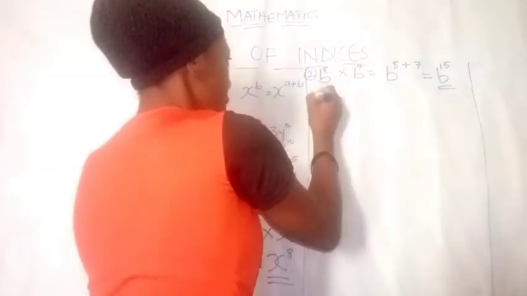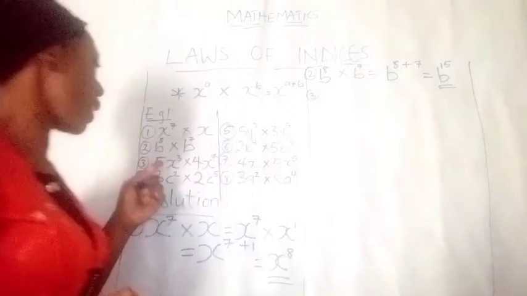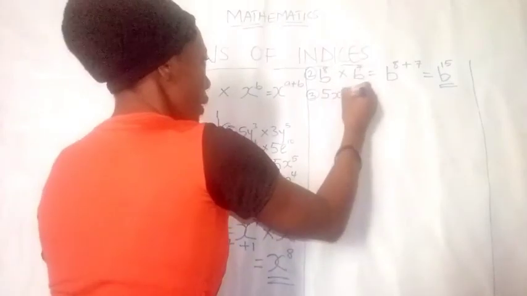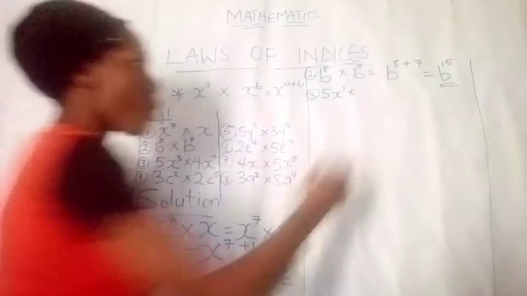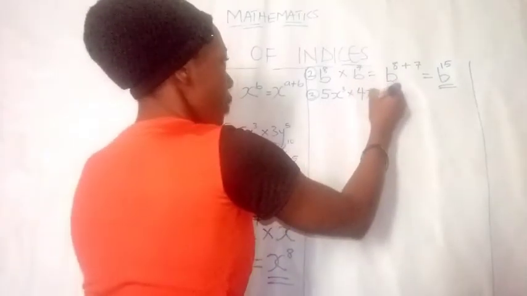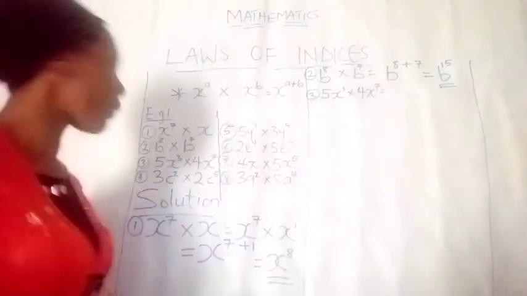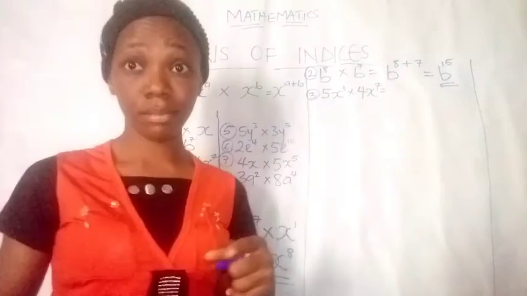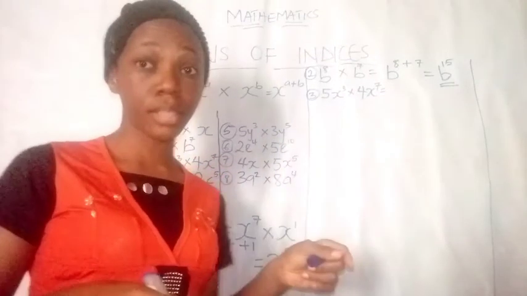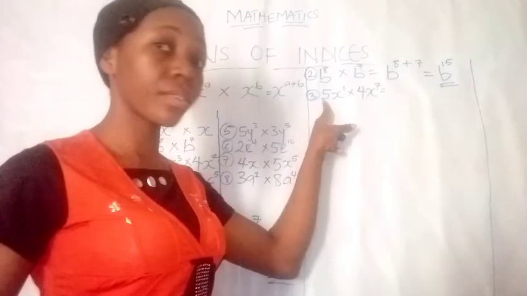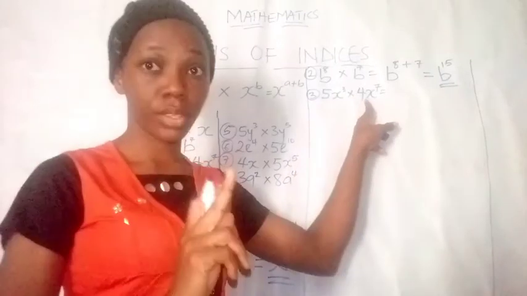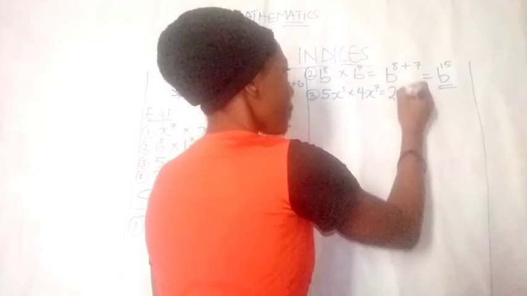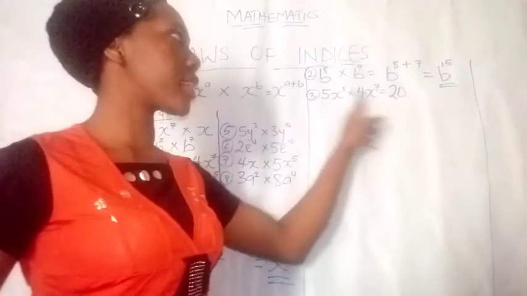The third one, we follow the same process. We have 5x raised to the power 3 times 4x raised to the power 7. Now in this case, you're having numbers, not just alphabets. So you just say 5 times 4 first, and that will give us 20. And then we have our x.